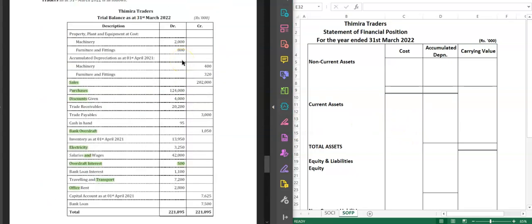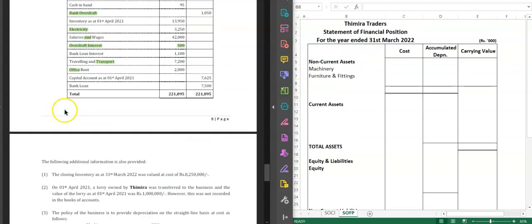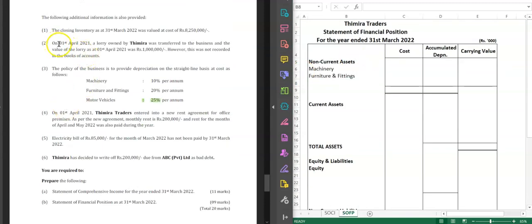Right, in this question, first of all, when you want to mention the non-current assets, what are the non-current assets we have? You can see here: machinery, furniture and fittings, plus, is there any other thing? Yes, there is one more thing, that is the lorry.